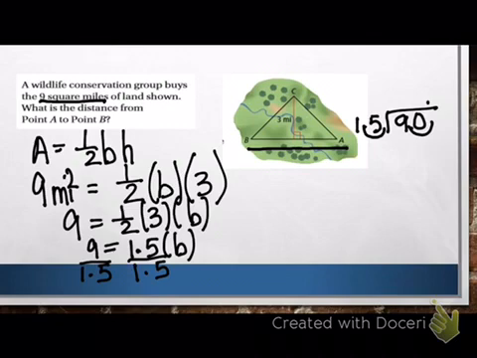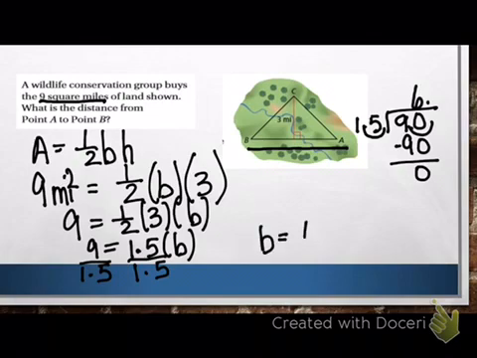And how many times will 15 go into 90? That's right, it goes 6 times. 6 times 15 is 90. So B is equal to 6. Our missing side is 6 miles.